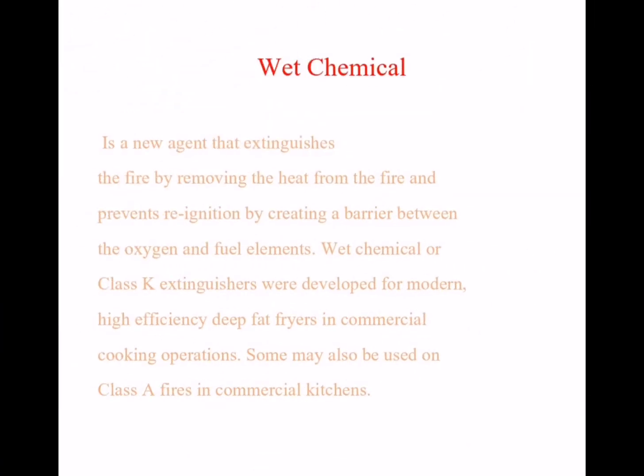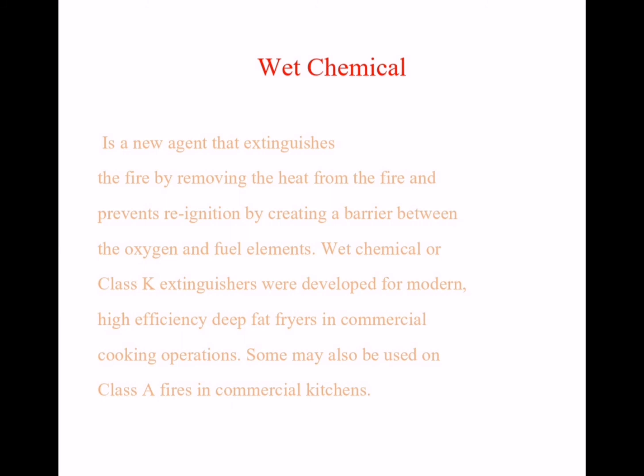Wet chemical. Wet chemical is a new agent that extinguishes the fire by removing the heat from the fire and prevents reignition by creating a barrier between the oxygen and the fuel elements. Wet chemical or Class K extinguishers were developed for modern, highly efficient deep fat fryers in commercial cooking operations.